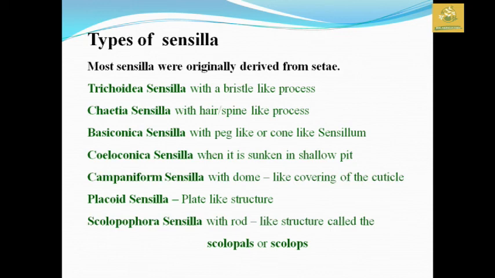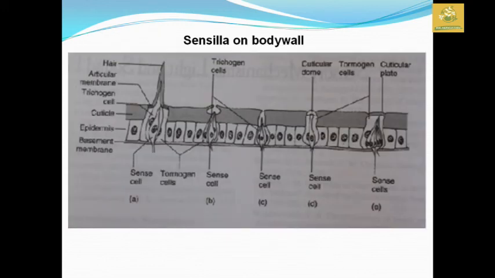Based on the structure they are known as bristle-like process, hair or spine-like process, peg-like sensillum, and sunken in a shallow pit. Based on the names and the structure, their names are given in the insect body. I have given a small picture of sensilla on the body wall, so you can see it even in the lecture notes.